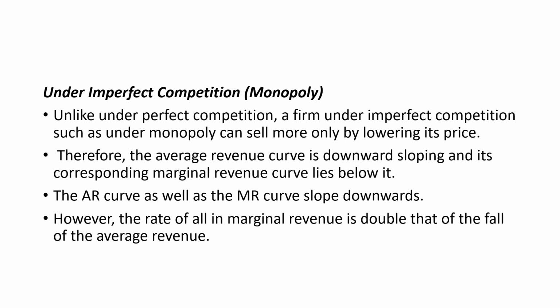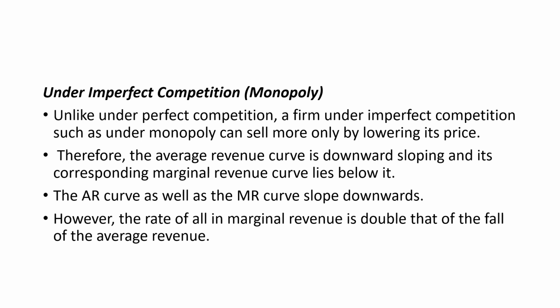There won't be perfect knowledge available regarding the market conditions to all the sellers. There would be restrictions regarding entry and all, some kind of imperfections compared to what we could see in perfect competition. So you can take the examples of either monopoly, monopolistic competition or oligopoly, whatever it may be. All these three kinds of market structures are considered imperfect competition.